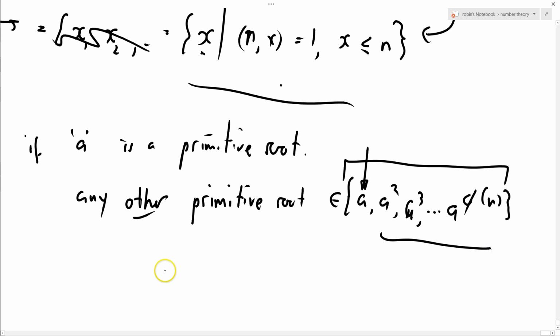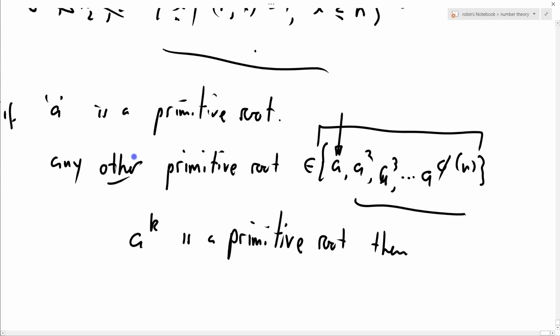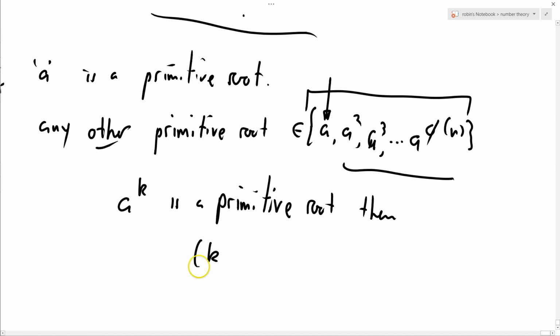So which powers? If a to the k is a primitive root, then we know that k and phi of n are relatively prime, because if they weren't, a to the k would not be a primitive root because it would come to 1 with a smaller power than phi of n.